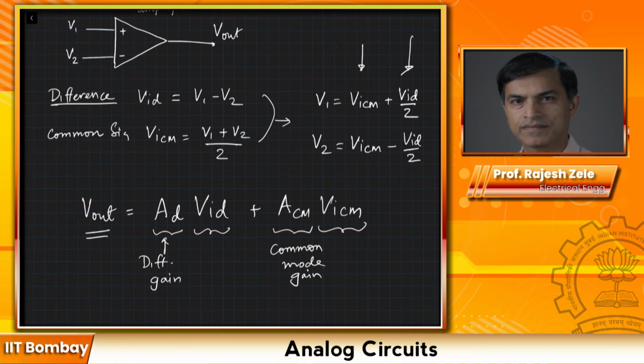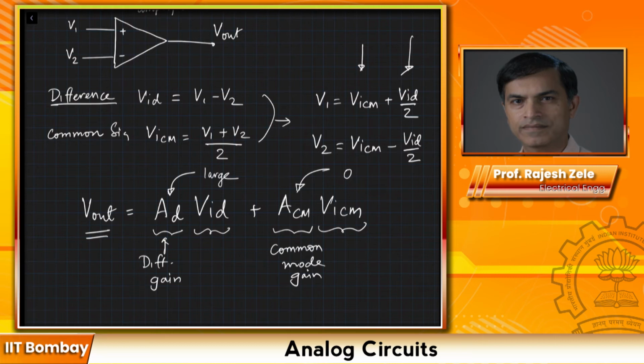Now for an ideal amplifier, if you remember the example of ECG, we wanted AD to be very large, and we want ACM to be 0. We don't want anything common mode, like that 50 hertz hum in your body, which is being applied to both plus and minus terminals. We don't want that to come outside. So ideally we want ACM to be 0 and AD as large as possible.